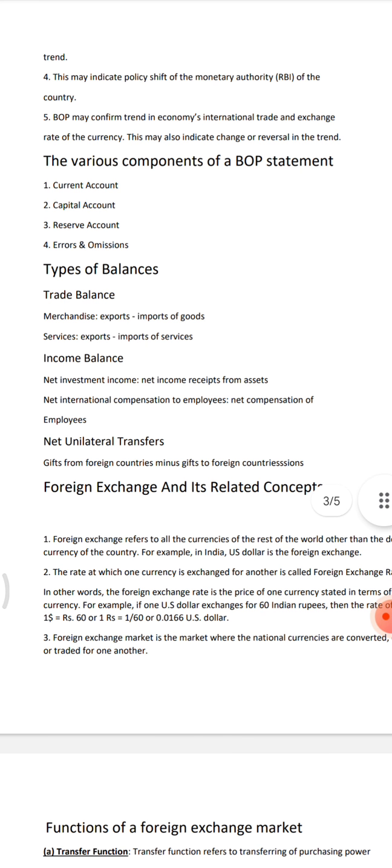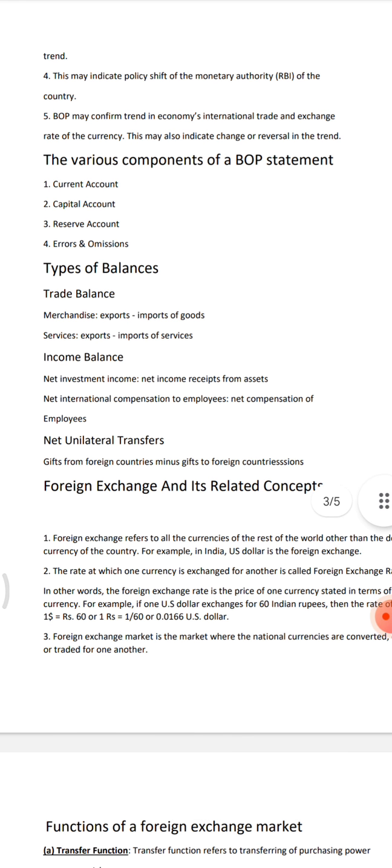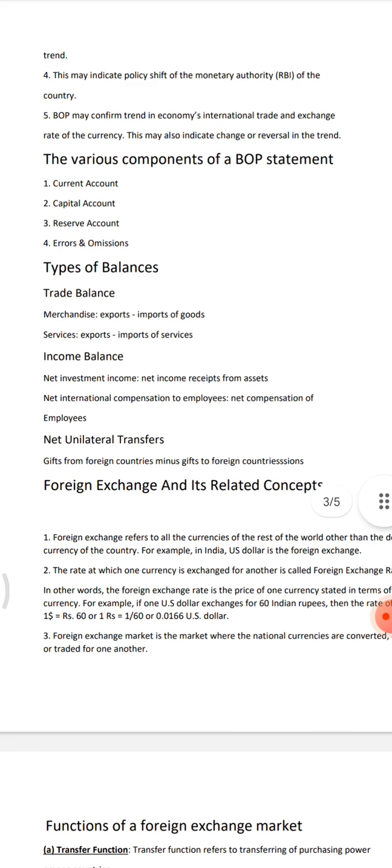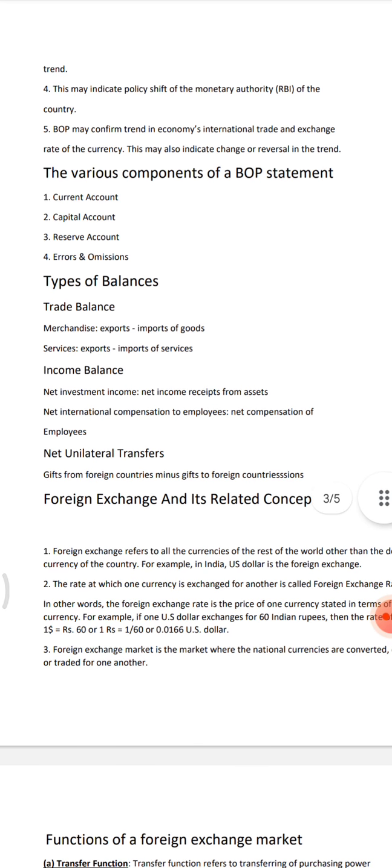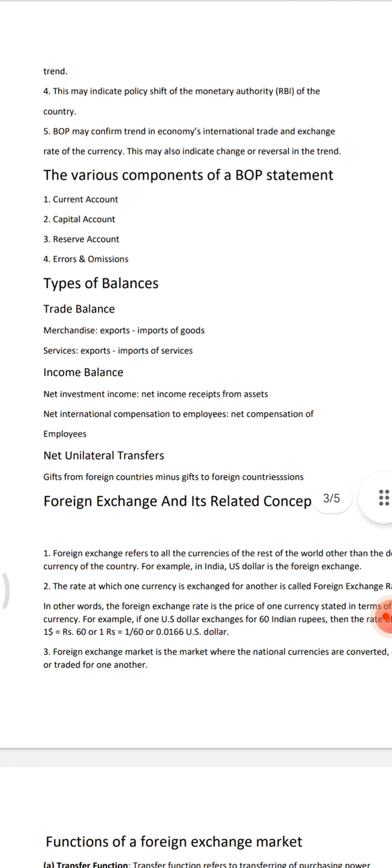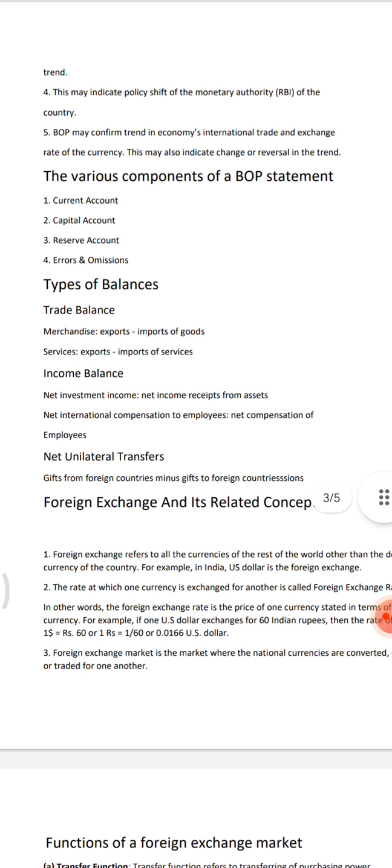So what is IMF? The IMF account contains purchase and repurchase, credit and debit from the International Monetary Fund. IMF's full form is International Monetary Fund, and it includes the purchase and repurchase of those funds. Then special drawing rights, SDRs.